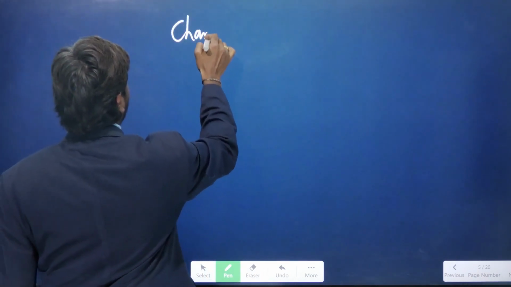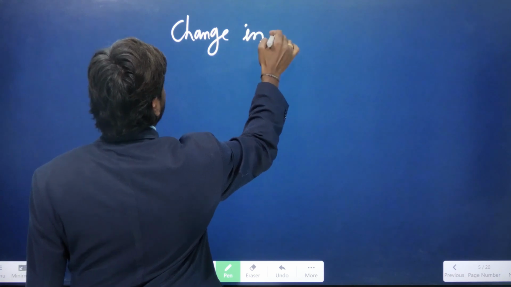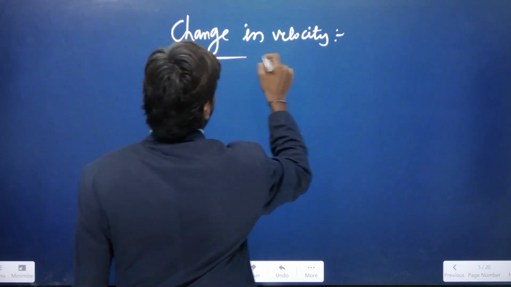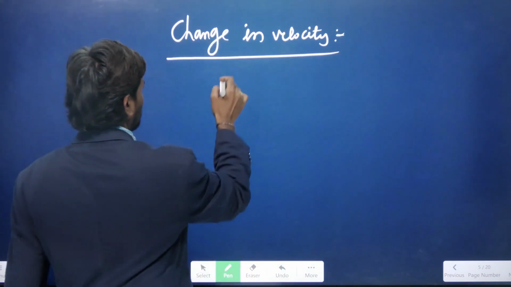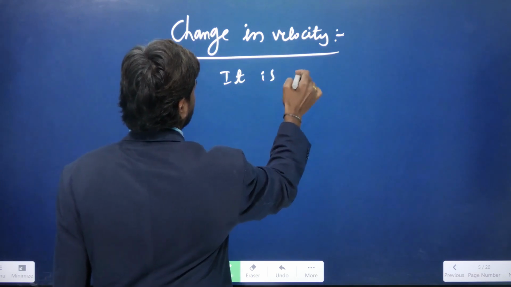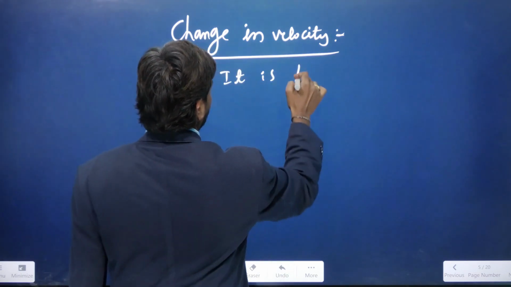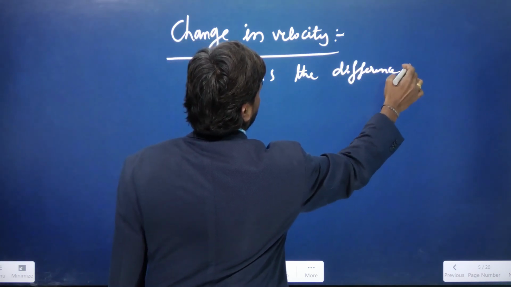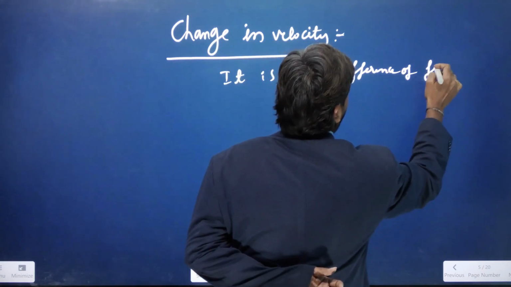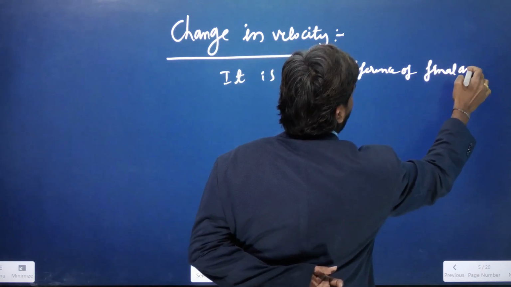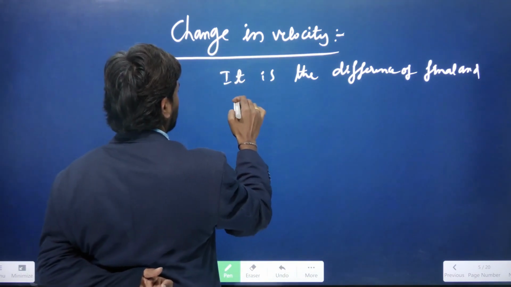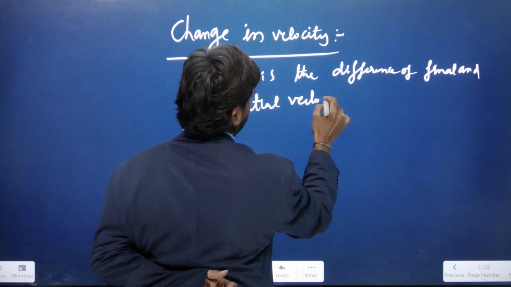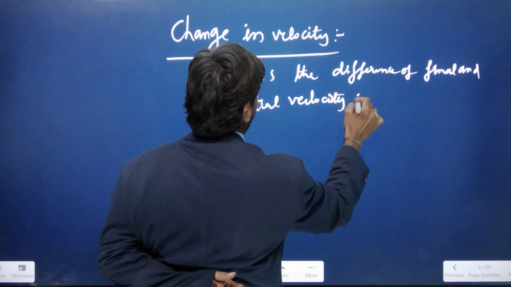So the difference of final and initial velocity is called change in velocity.